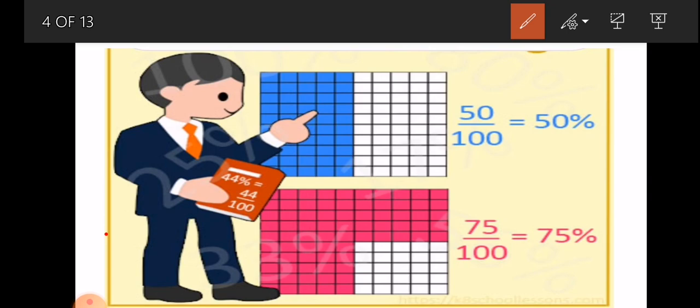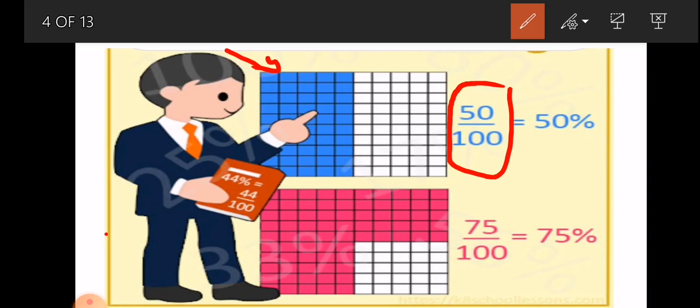If you count them, you will find 50 squares colored out of 100. So if I write 50 over 100, it's a ratio, yes? 50 to 100. And I said before that I can write it in fraction form. So once you see 100 down there, you can call it percent. So here 50% are colored.